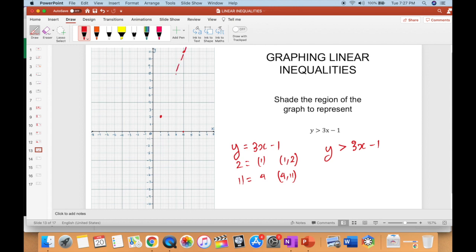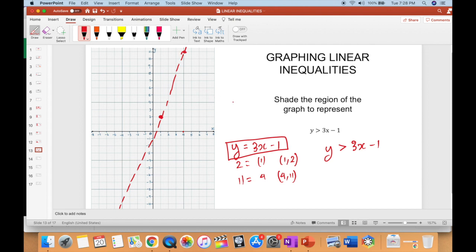I hope you guys use a ruler to draw this, because mine is not going to be very straight. Right, so now this is the line y is equal to 3x minus 1. And I hope everybody understands how to draw a line.